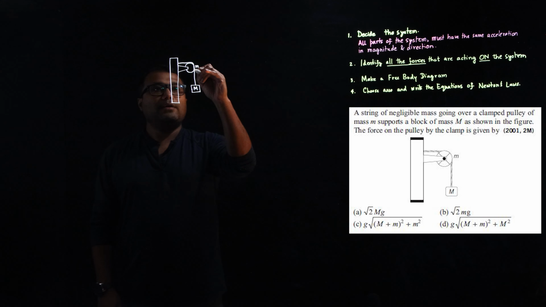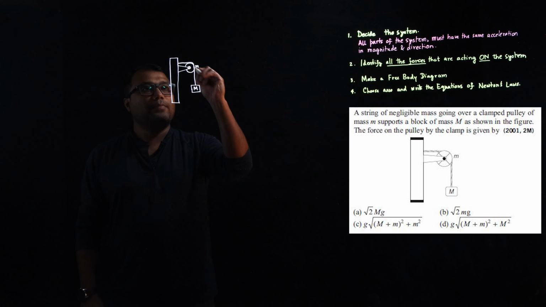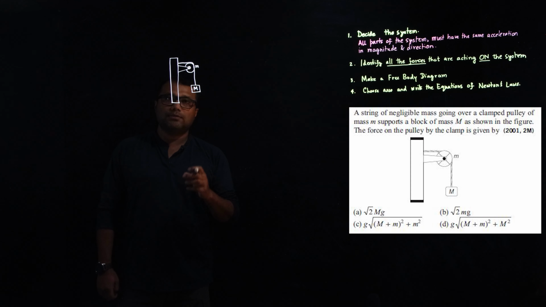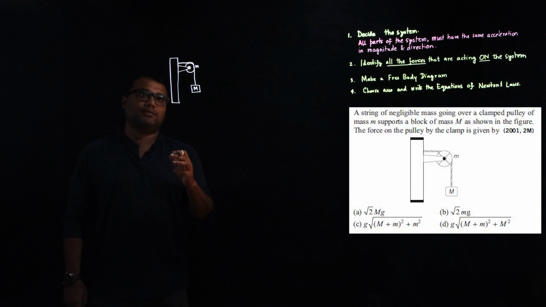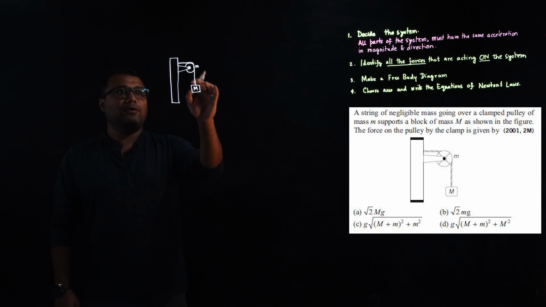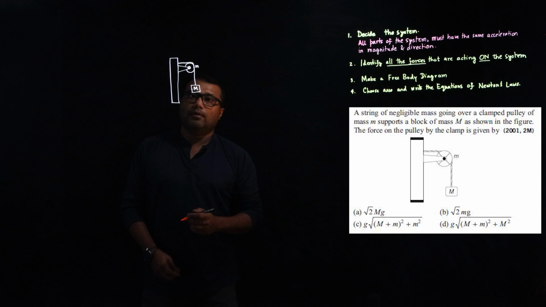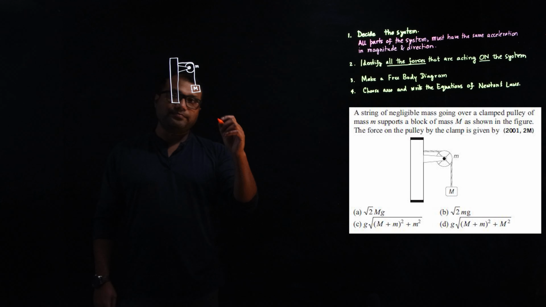So here for a change we have this pulley which has some mass. This rope or string does not have any mass. This is a good problem.